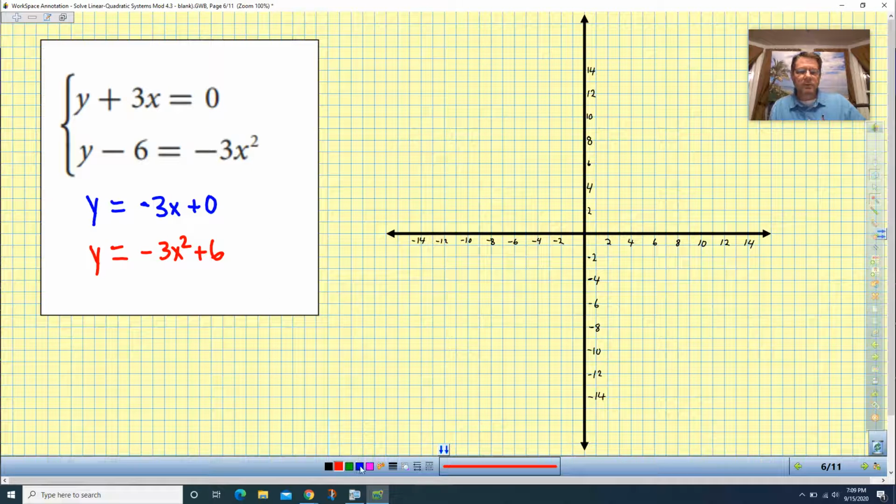Okay, so let's graph our first one. It's got 0 as our y-intercept. It's got a negative 3 slope, down 3 over 1. That is going downhill from left to right. No 0.5, so this is easier to count. 1, 2, 3. 1, 2, 3.